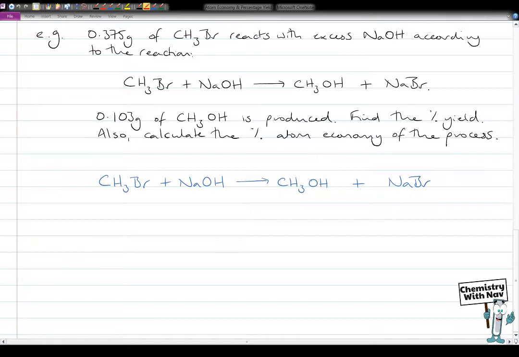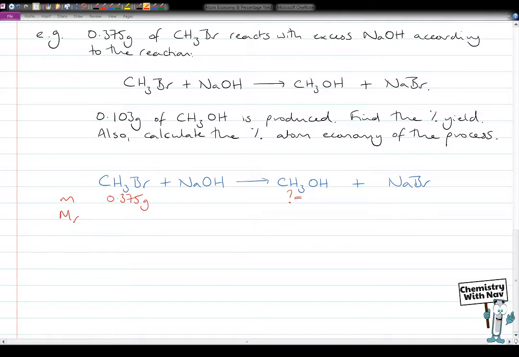We're going to start off with looking at the mass and the Mr of anything that's actually useful in this question. Starting at the top, 0.375 grams of the CH3Br, so that goes in here. We're going to have to start by doing a mole calculation to work out how much methanol we ought to make, so I'm going to put my question mark in here.